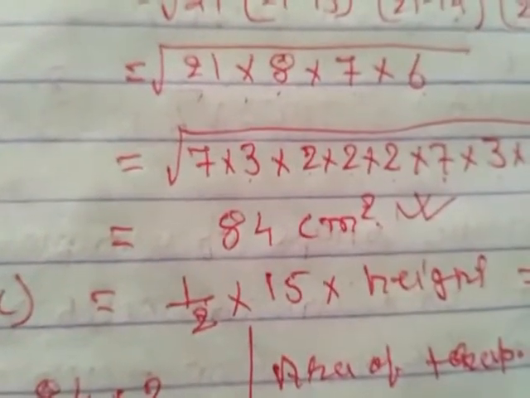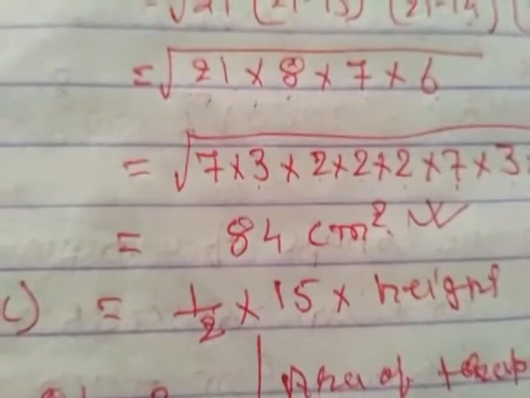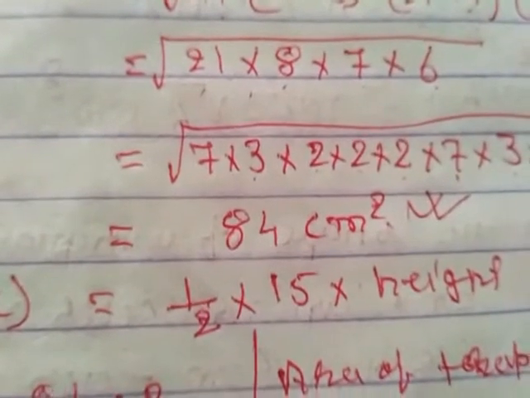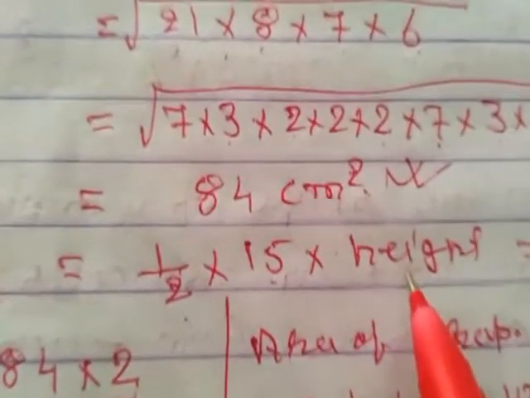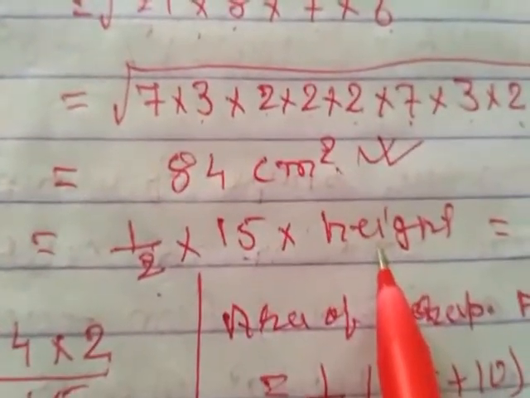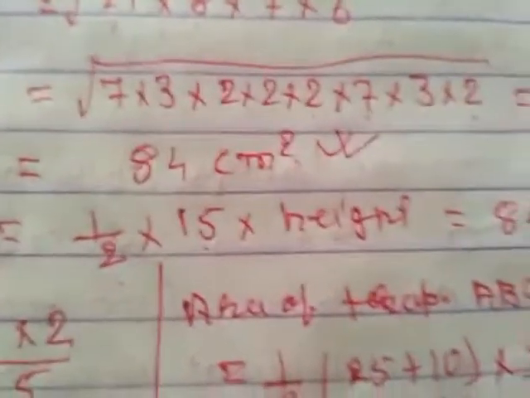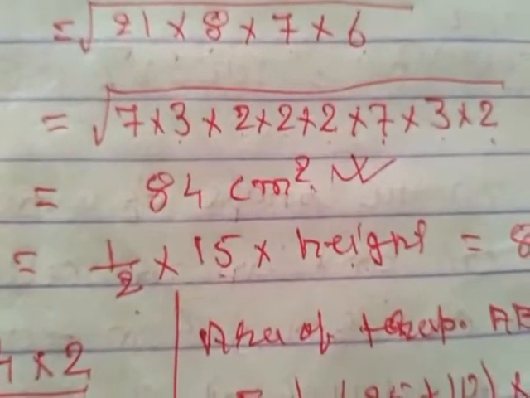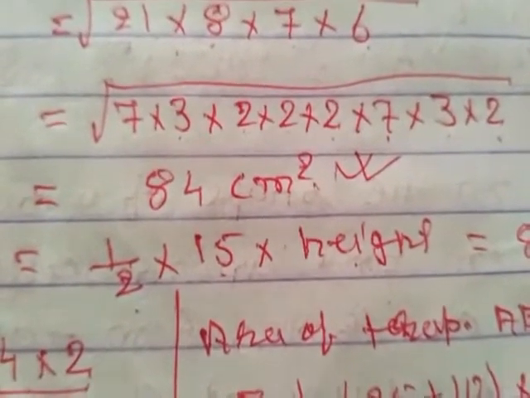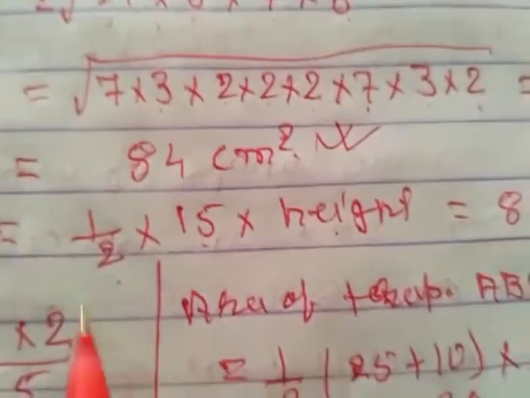Now we apply another formula for the area of triangle BEC, that is half into base into height, because we have to calculate the height of the triangle also. We know the area of triangle BEC is 84 centimeter square.